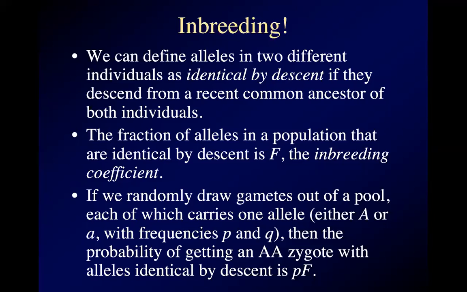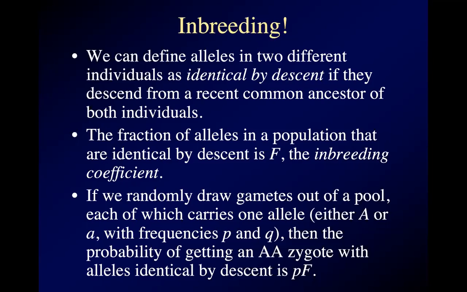Imagine that we're back in our imaginary world of oysters that are all firing off eggs and sperm, each one of which carries either a big A or a little a allele. The oyster world we've talked about before.